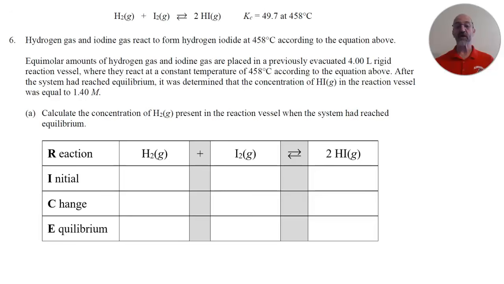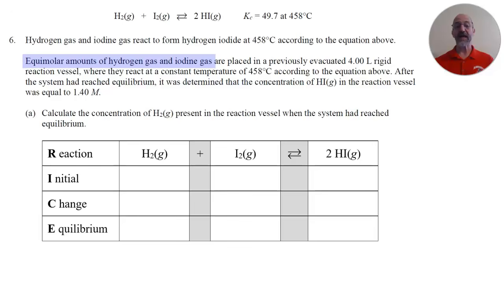So the value of creating a RICE table now is that I can keep track of everything from the initial set of conditions, the change, and then what's present in the reaction vessel when the system had reached equilibrium. The first thing I will do is fill in as much as I can of the initial quantities. Well, the problem is that we don't know the initial number of moles or the initial concentration for hydrogen and iodine.